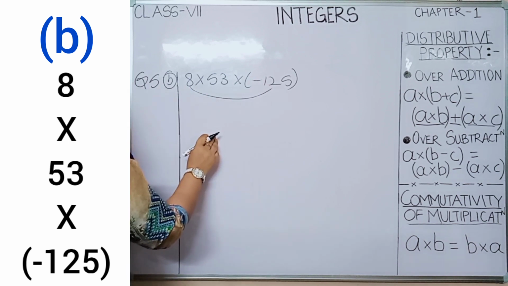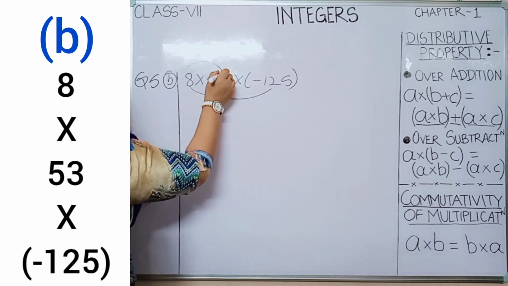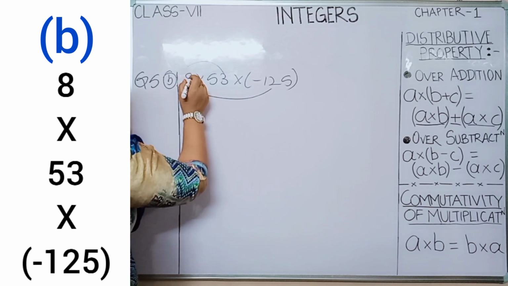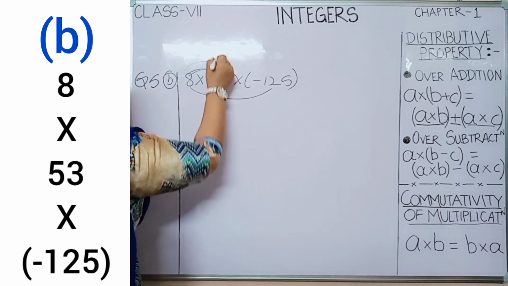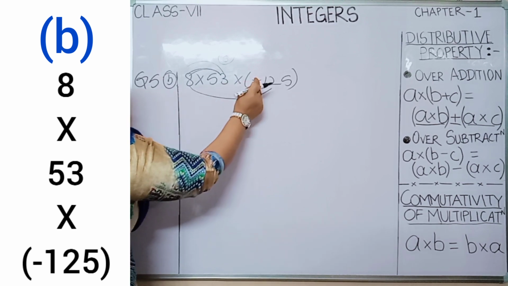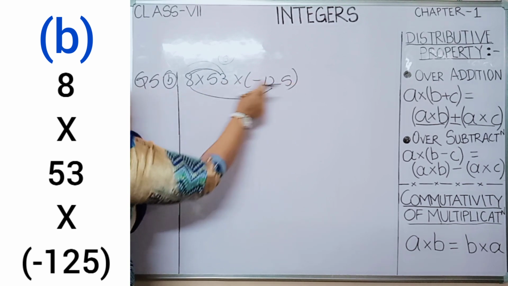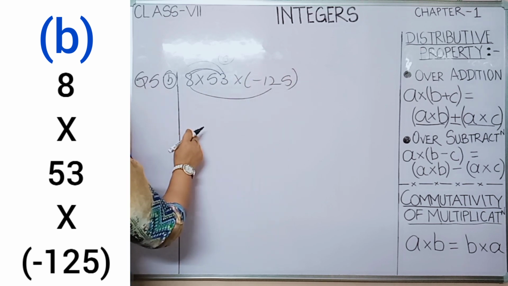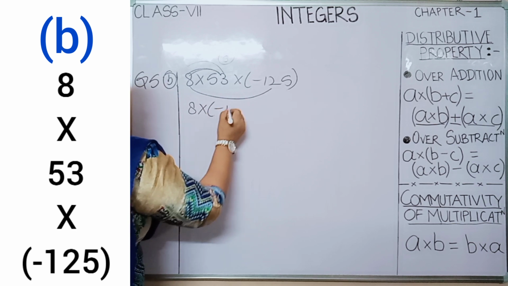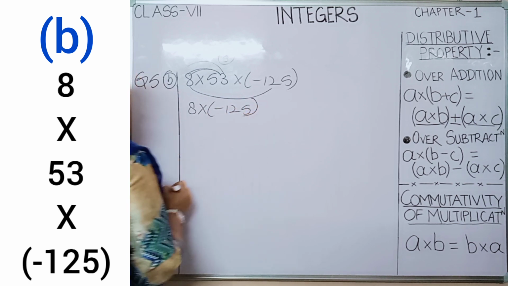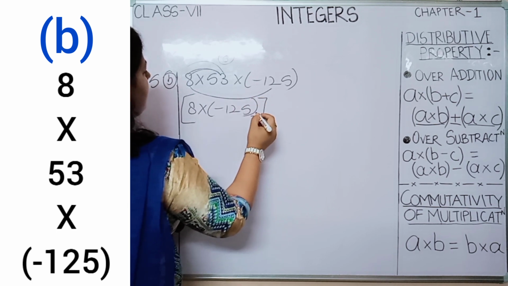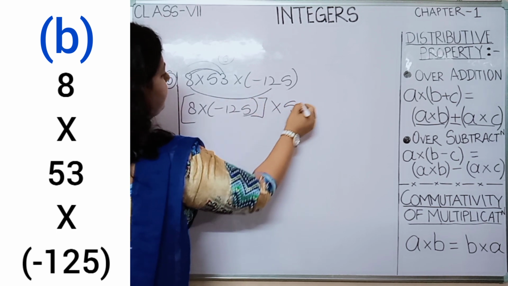We know that if we multiply 8 with 15, we will get 5 at the end. But we choose 8 with minus 125 so that we get 0 at the end. So here I multiply 8 with minus 125 and then with 53.